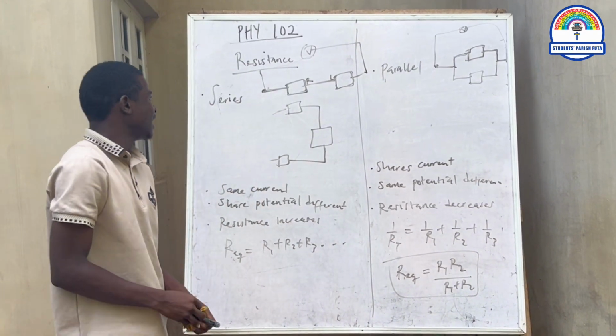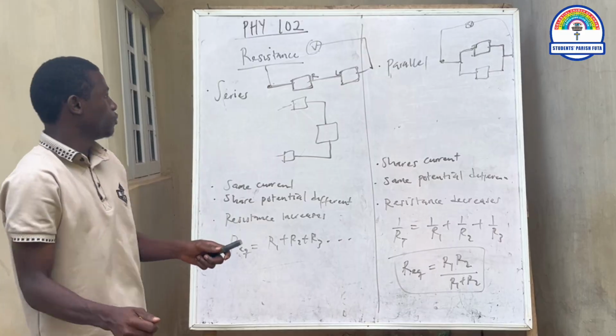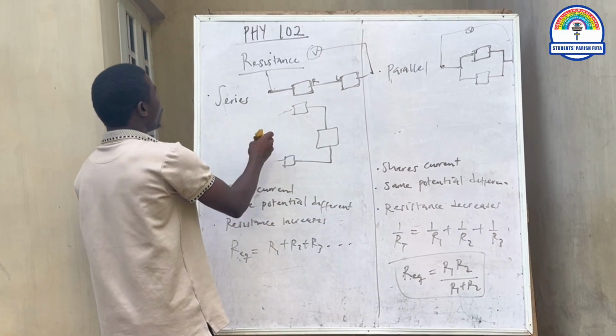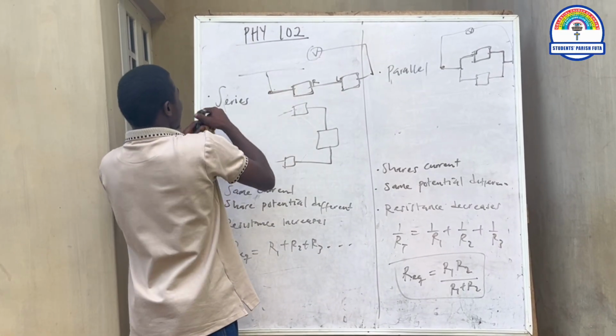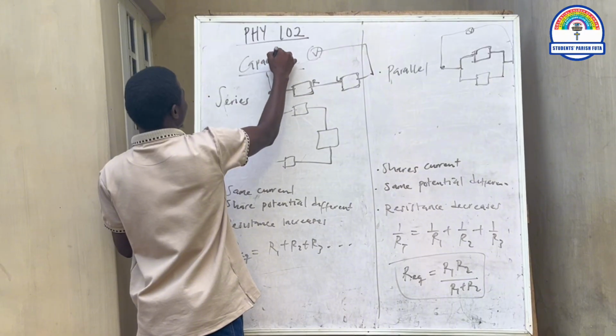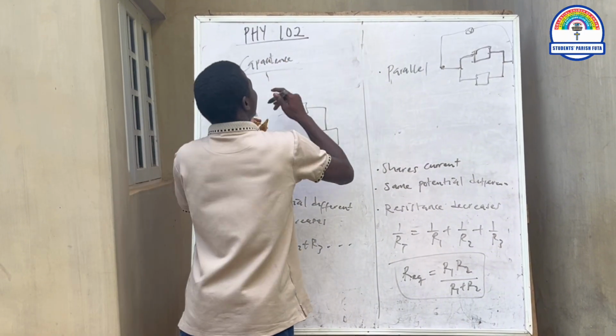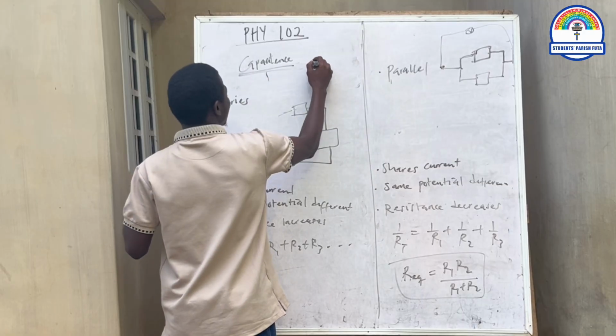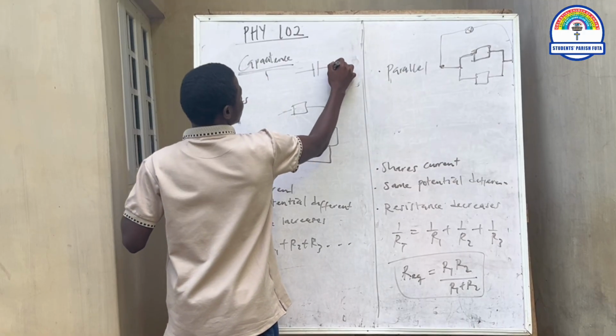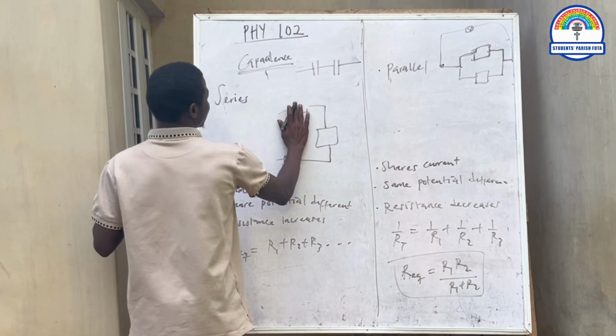Now, in that vein, let's also talk about capacitance a little bit. Capacitance is just like the opposite. This is the symbol for capacitance, the unit of which is farad. This is also series combination, just as I've explained here.